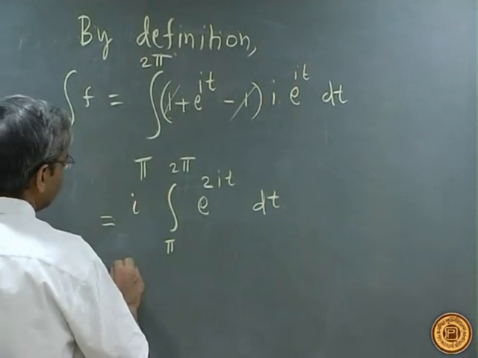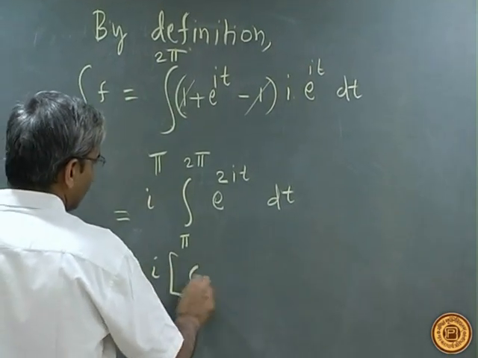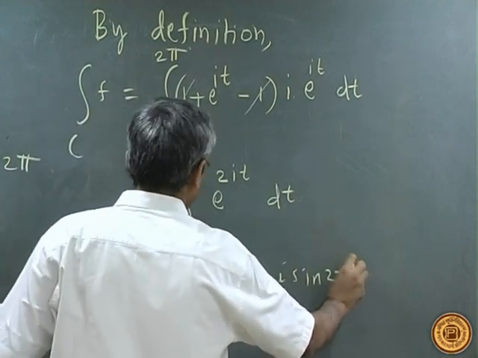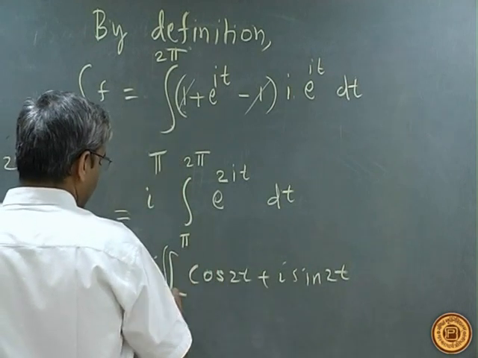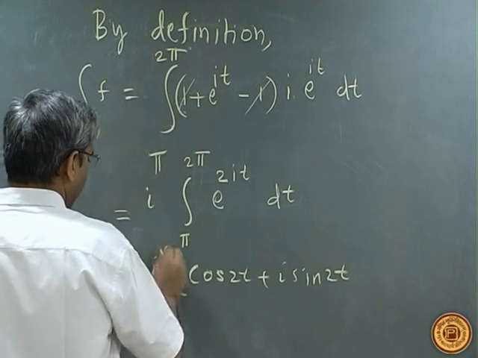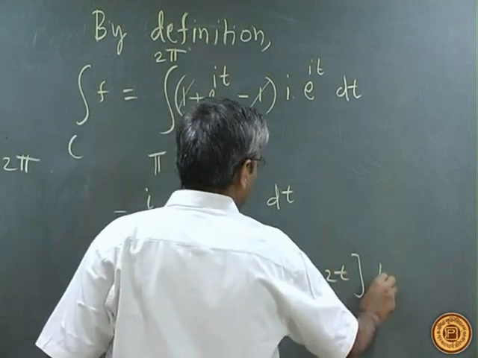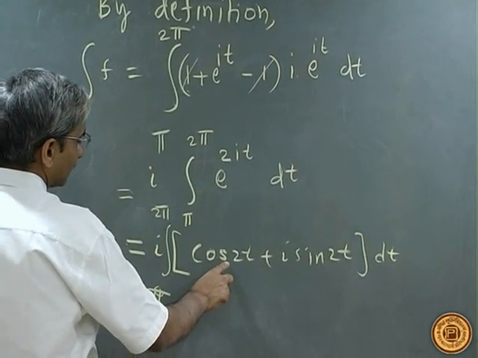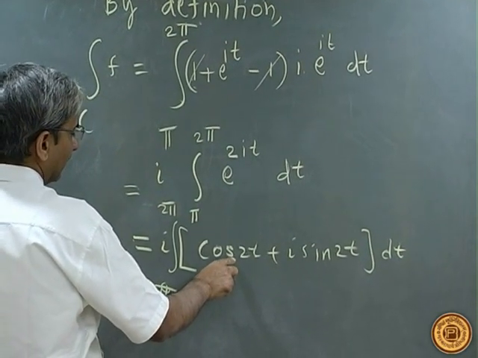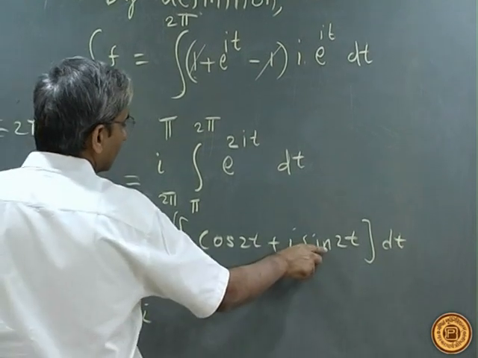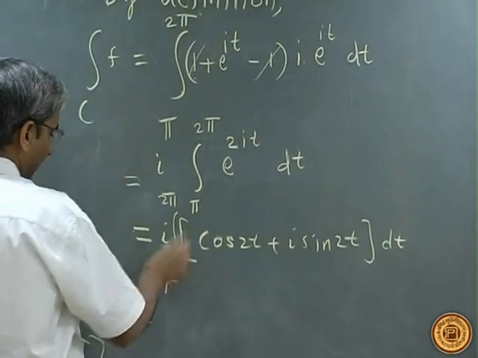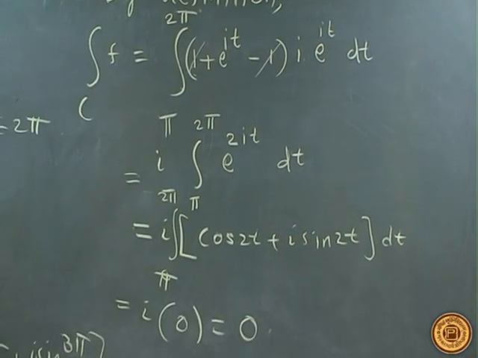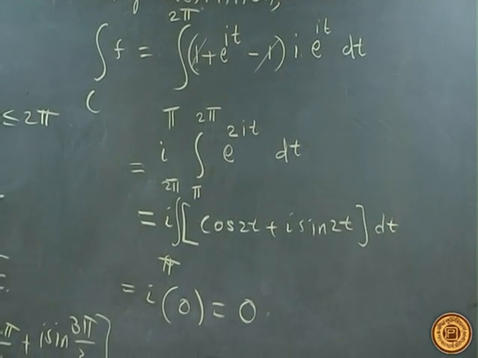Let me write, this is i times the integral from pi to 2 pi of cos 2t plus i sin 2t dt, so the antiderivative is sin 2t upon 2 minus cos 2t upon 2, but from pi to 2 pi it will be 0. So I will directly write 0. Just verify later on if you want that the integral is 0.